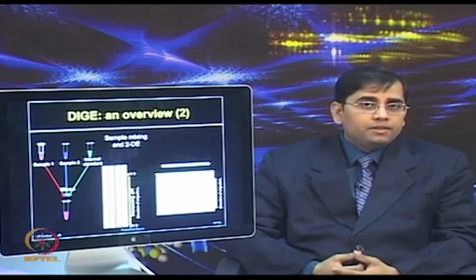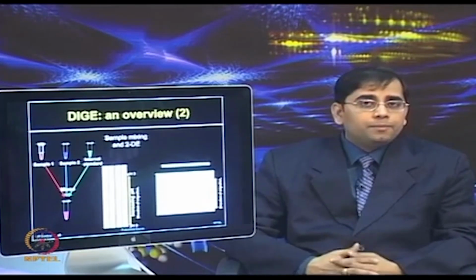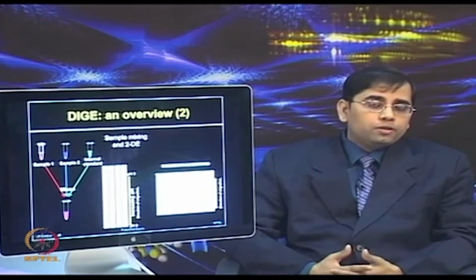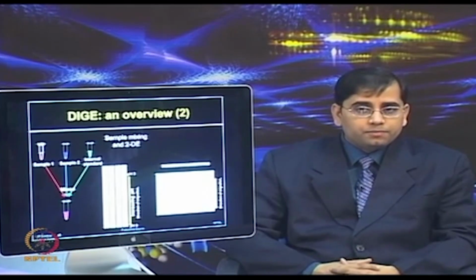That can be overcome in DIGE gels, because all the protein separation is going to happen on the same gel. So, all those artifacts can be minimized by using the DIGE approach.